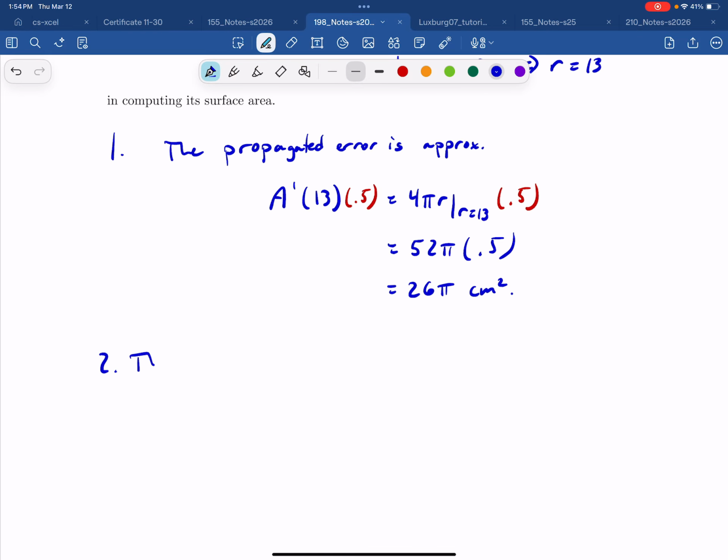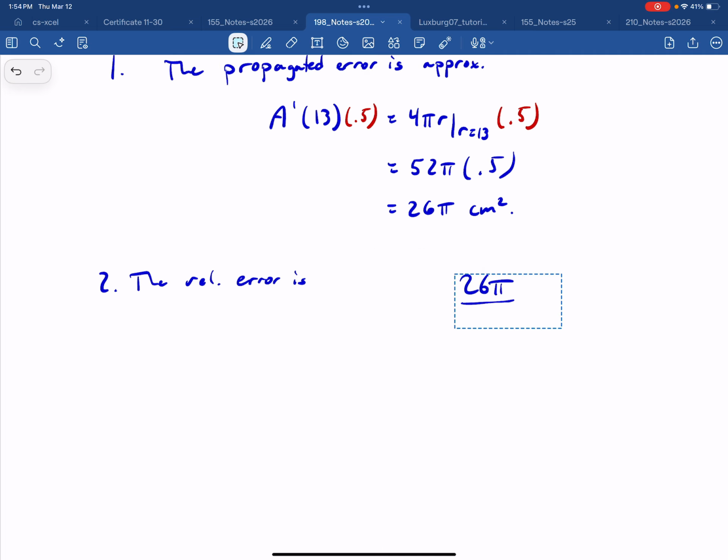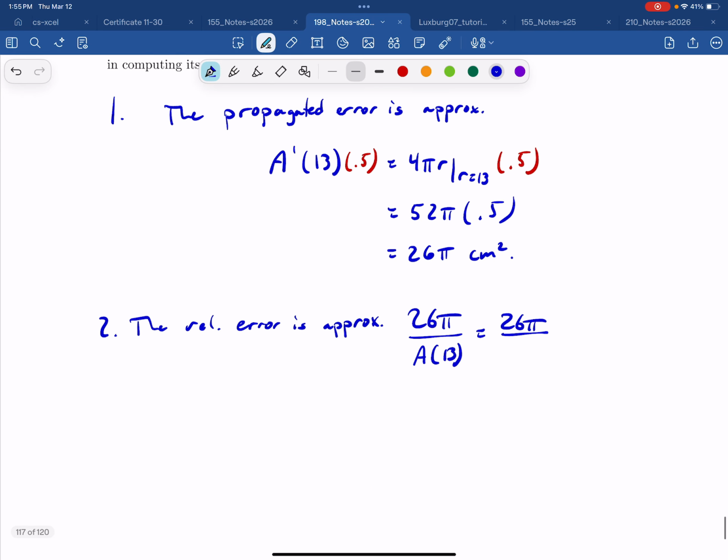The relative error is approximately 26 pi divided by a of 13, which is going to be 26 pi divided by, what was a of, so it's 2 pi times 13 squared. I think this works out to be 338 pi.